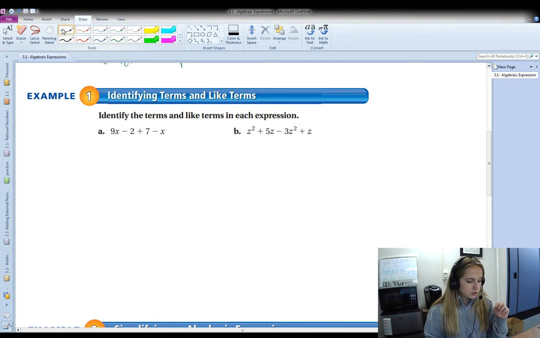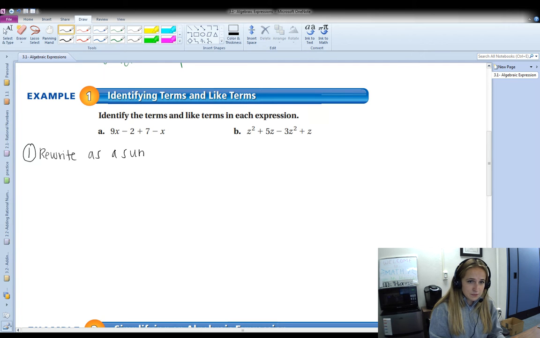Okay, so we're going to have a couple key steps when we're doing these types of problems. The first key step is we need to identify terms, okay? But in order to identify terms, we need to rewrite as a sum of terms, and I'll explain what that means. So your first step, write this down, is going to be to rewrite as a sum of terms, okay? That's going to be your first step for both A and B. So I'm going to do that.